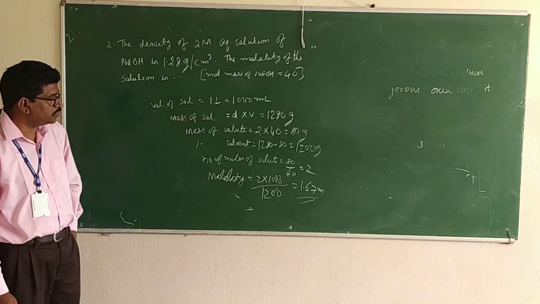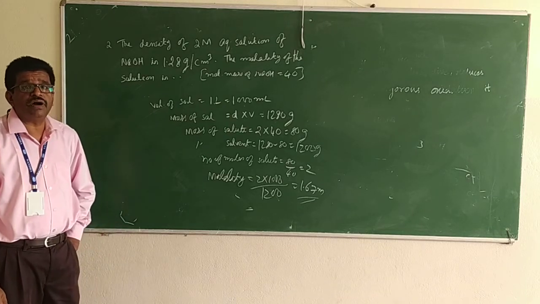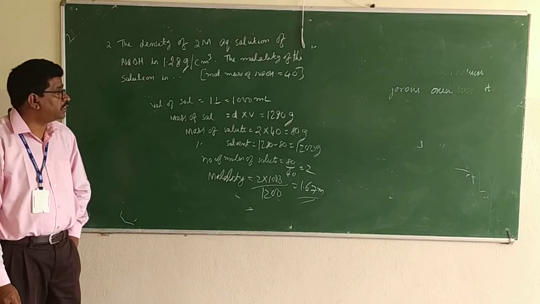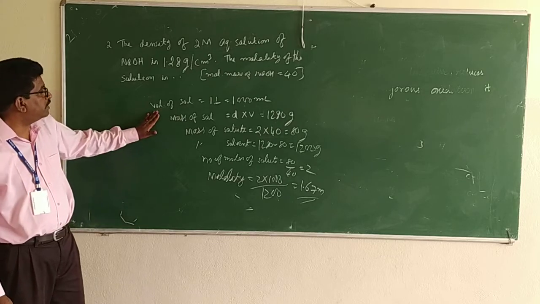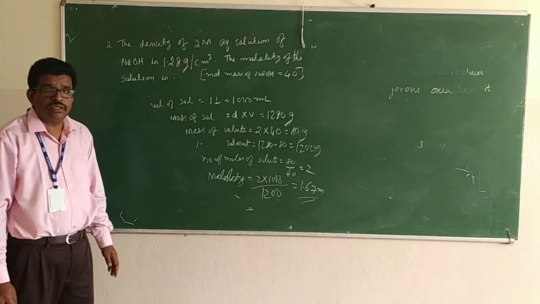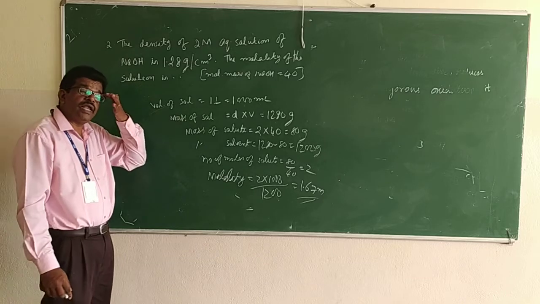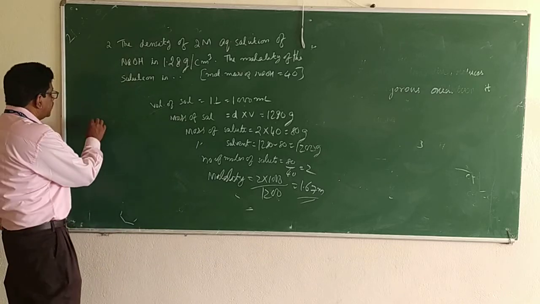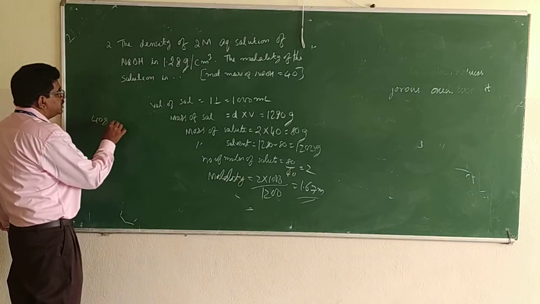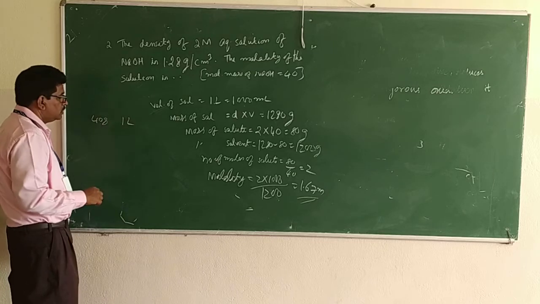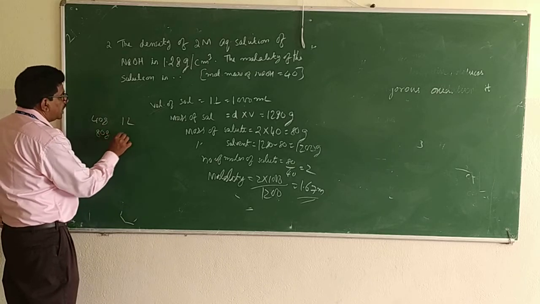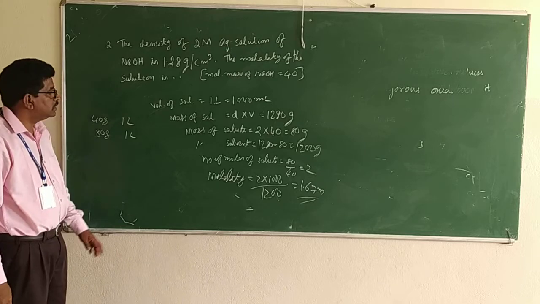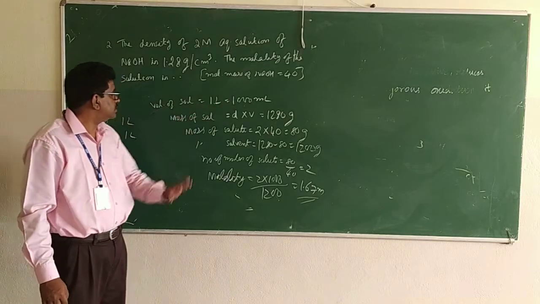So here they have given a 2 molar solution. 1 molar NaOH means 40 gram NaOH in 1 liter. 2 molar means 80 gram in 1 liter.